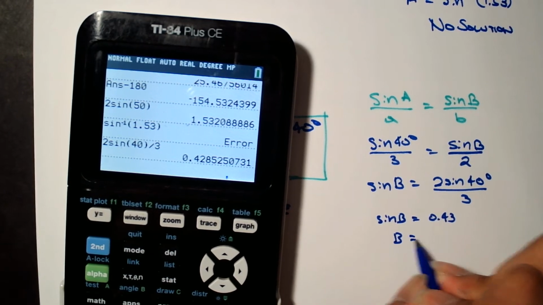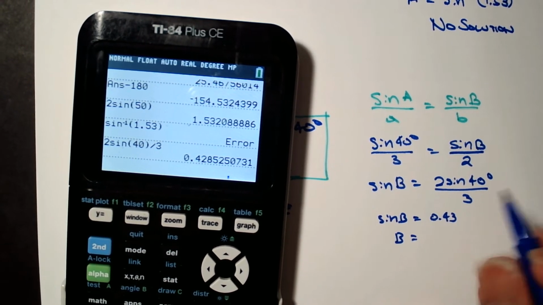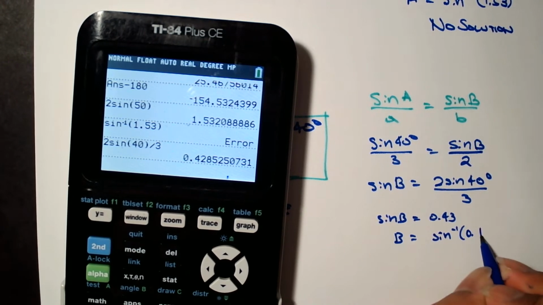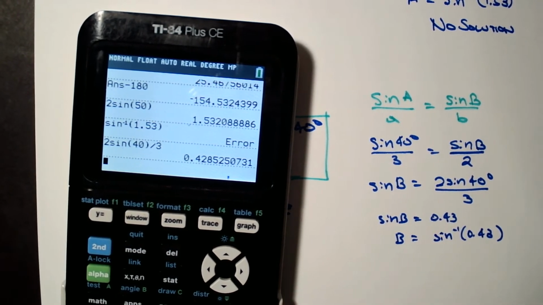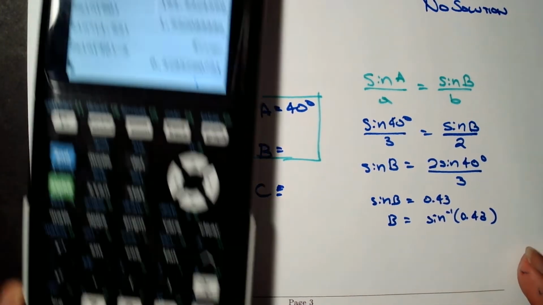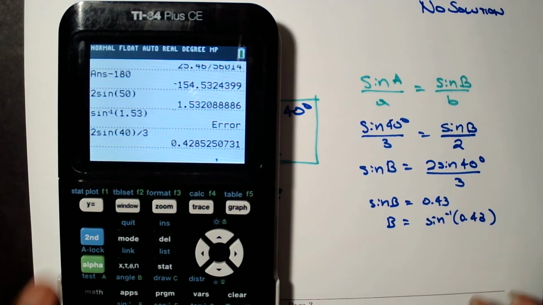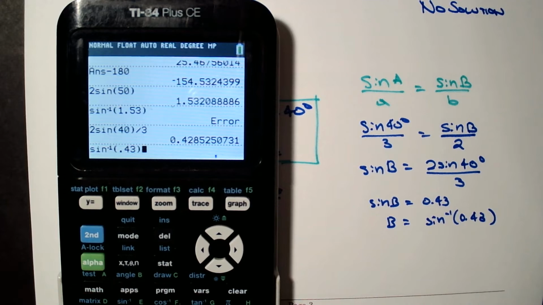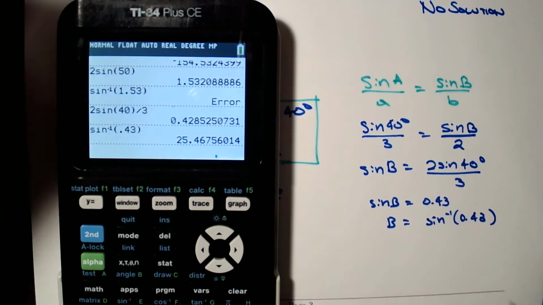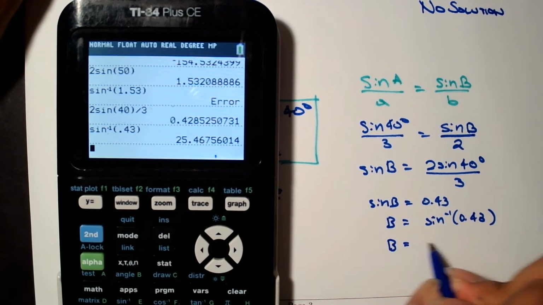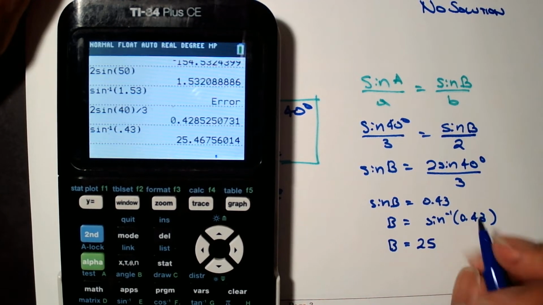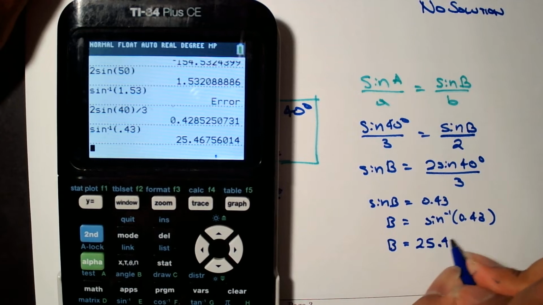And B will therefore be inverse sine of 0.43. Using the graphing calculator, this is the real trick. Inverse sine of 0.43 is going to give us only one value, 25.4. Let's round it to that.